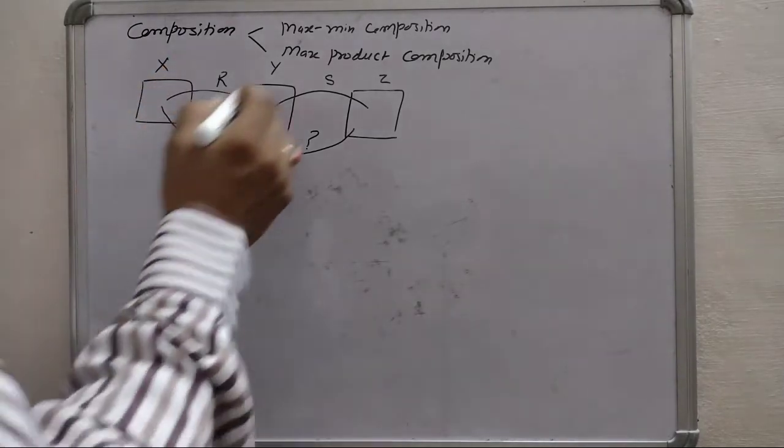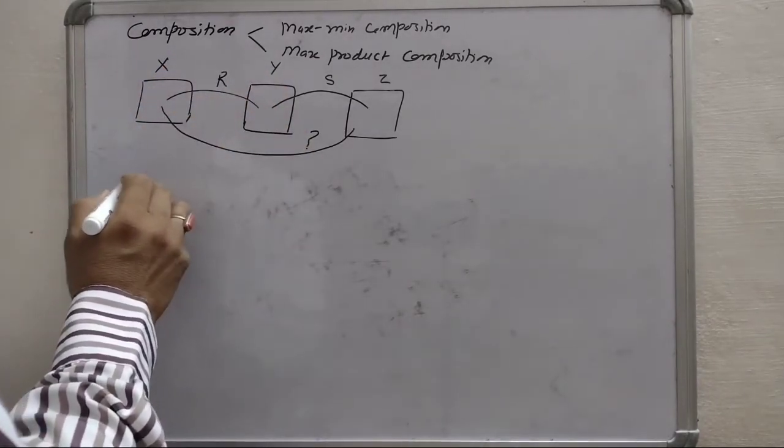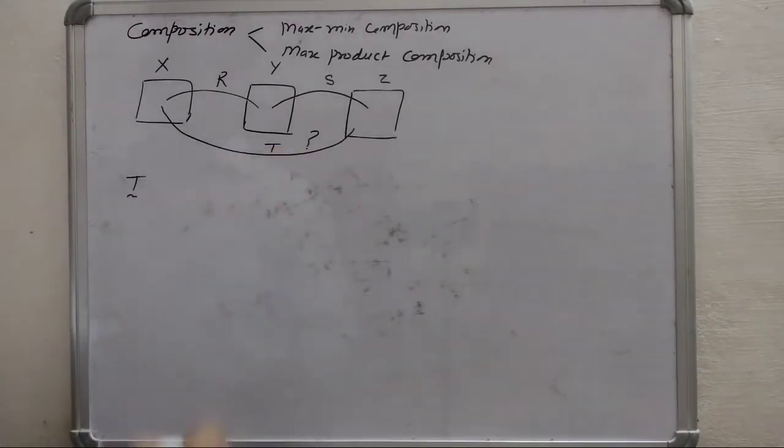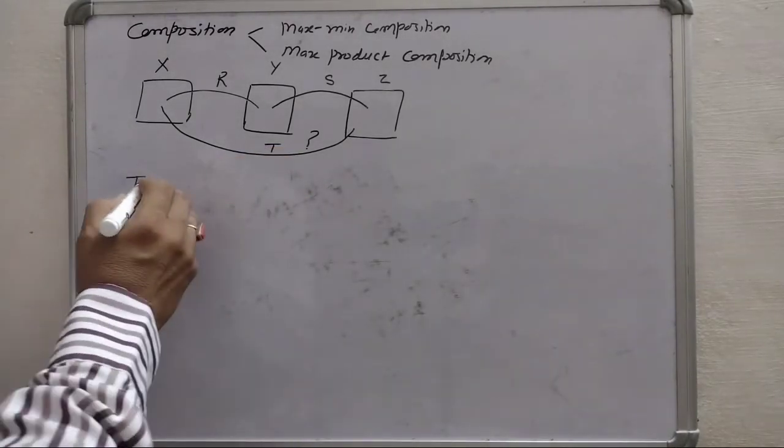So the first technique is max-min composition. Suppose T is the relation matrix we have to calculate.